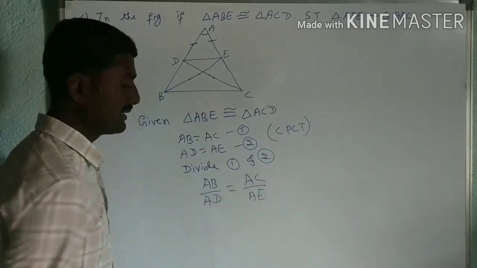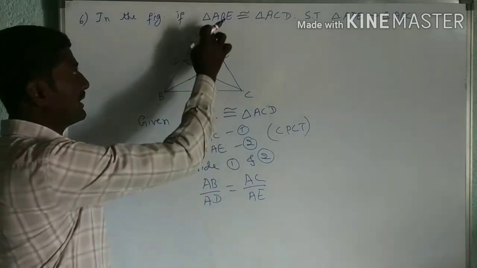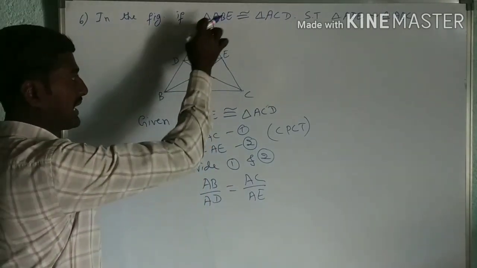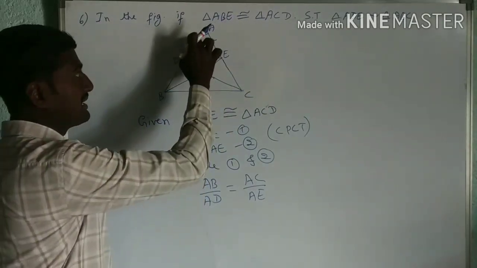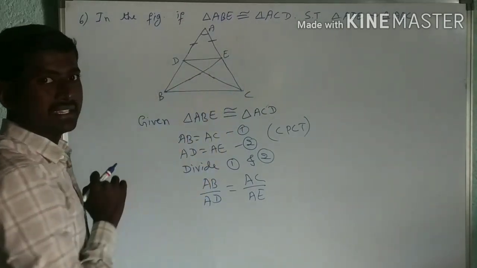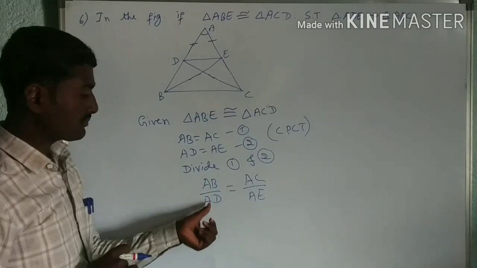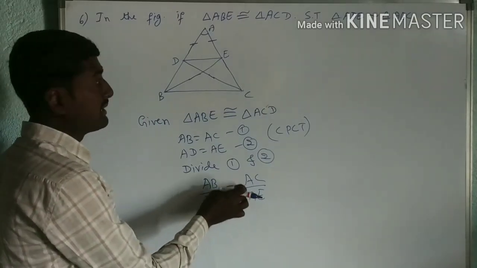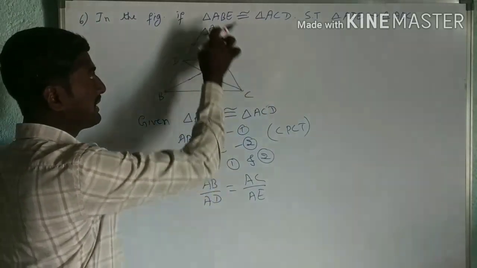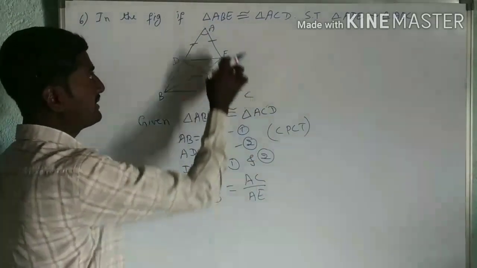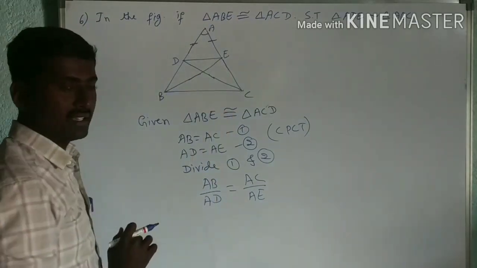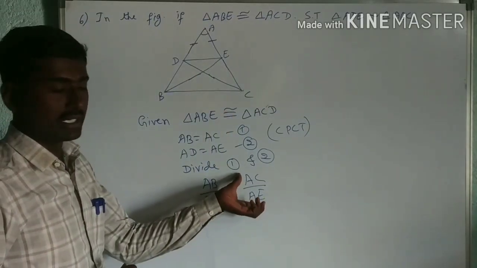AB is a side of triangle ABC and AD is a side of triangle ADE, so these two sides are proportional. AC is a side of triangle ABC and AE is a side of triangle ADE, so these two sides are also proportional.